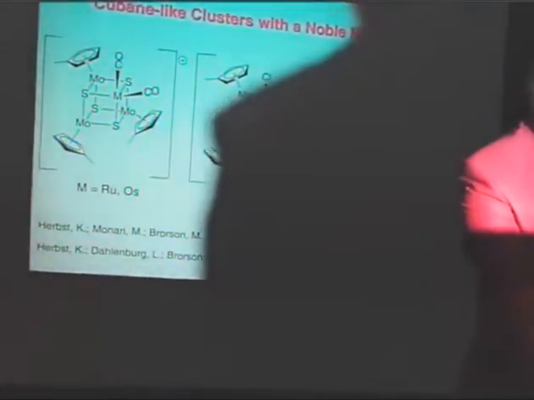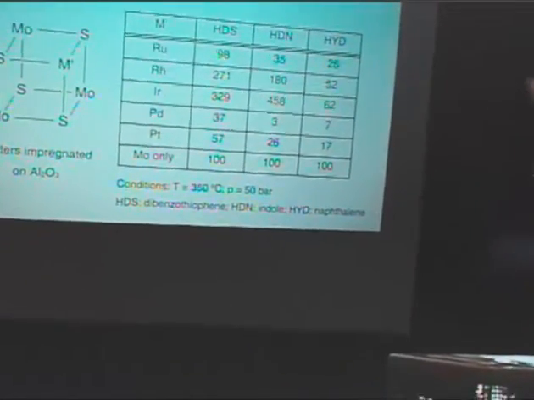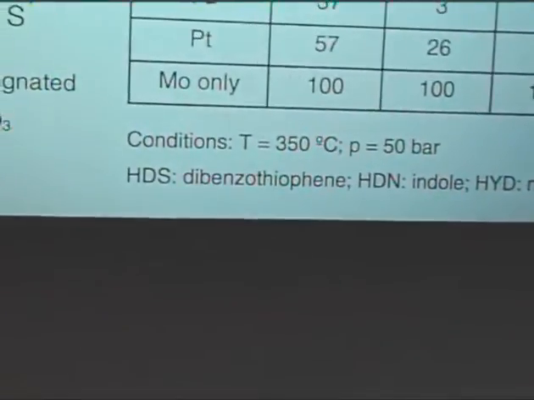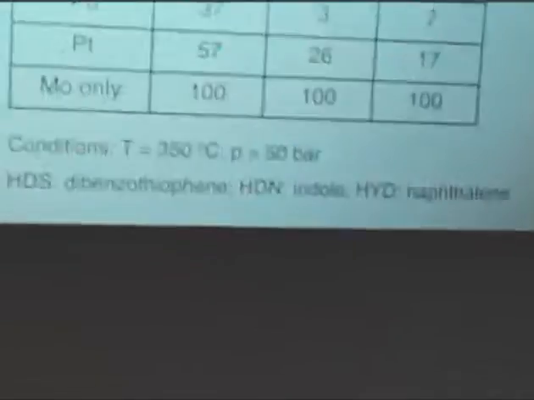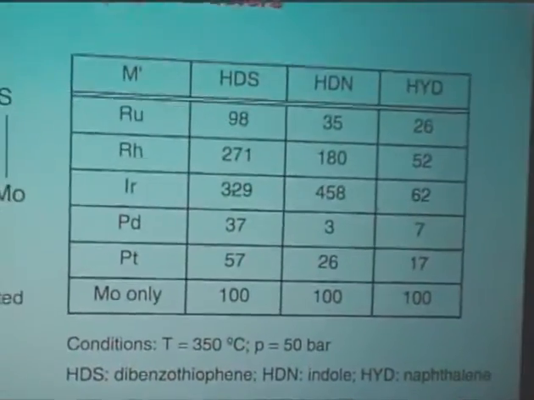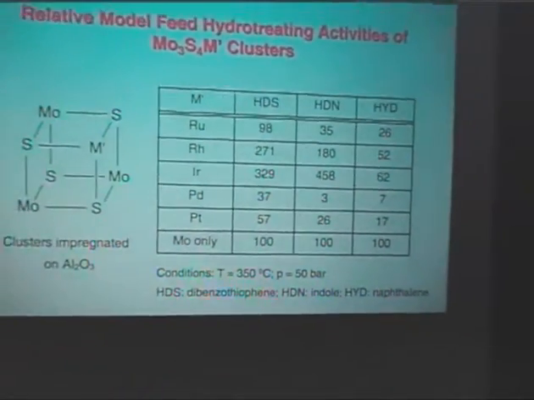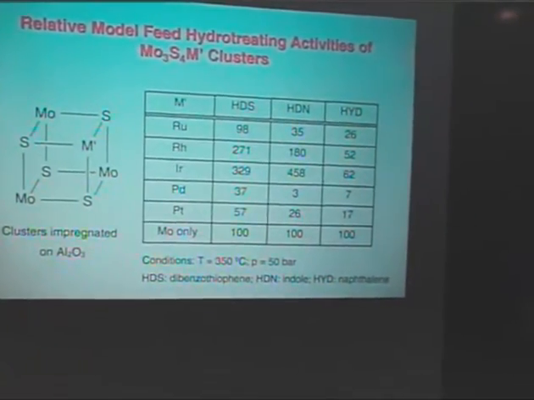So what we did, we impregnated alumina with solutions of these clusters and put it in a hydrotreating reactor with a model feed. This model feed contains dibenzothiophene, indole, and naphthalene.